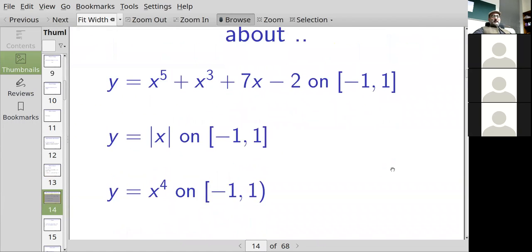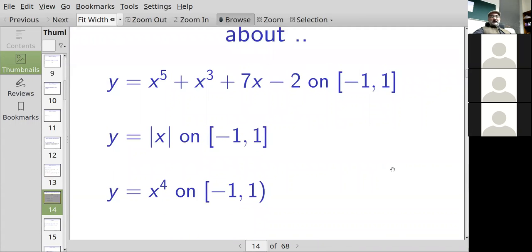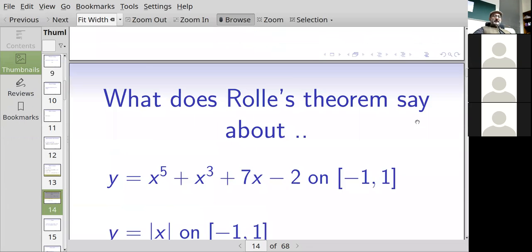Okay, y equals x to the 4th on -1 to 1, including -1, but not including +1. Can I apply Rolle's theorem on this function? No, sir, I can't, because it's not a closed interval. Rolle's theorem requires what?